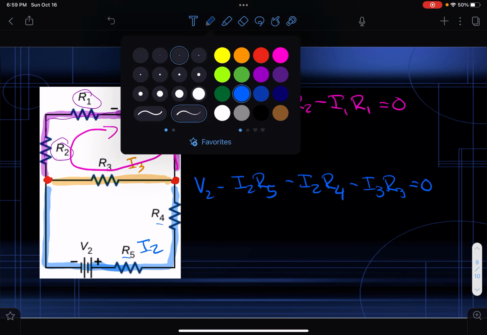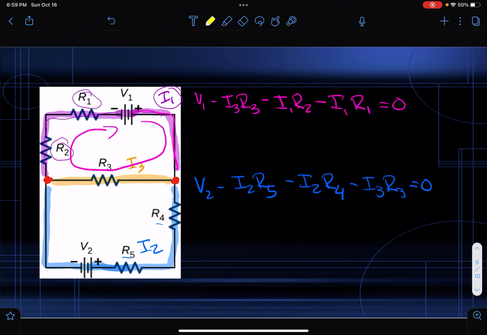Once again, your I2s are going to be the same I because they're in the same loop. They're in series, so they're going to have the same current. And again, I would need to know the resistors, but you could simplify those, making sure you got that negative in there. And then we have R3 in both equations.